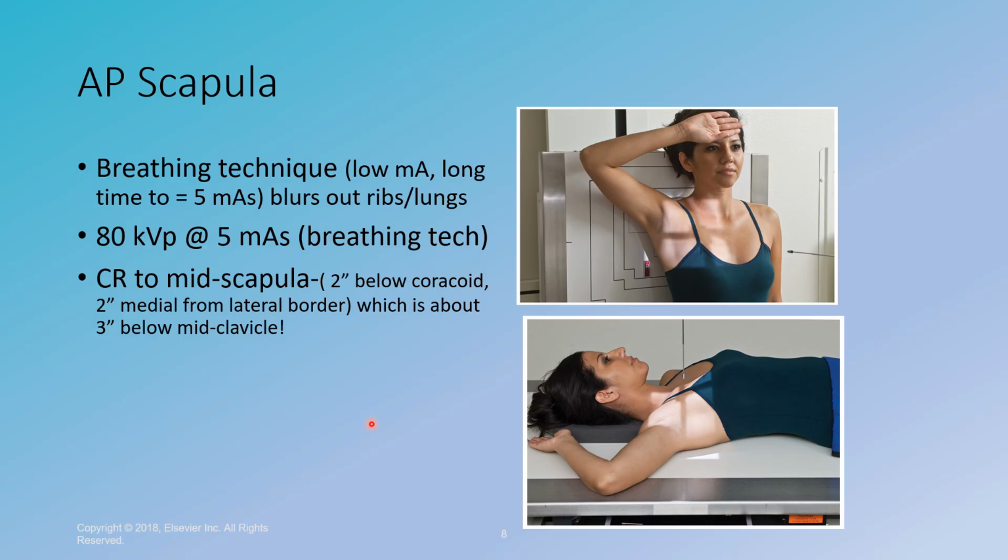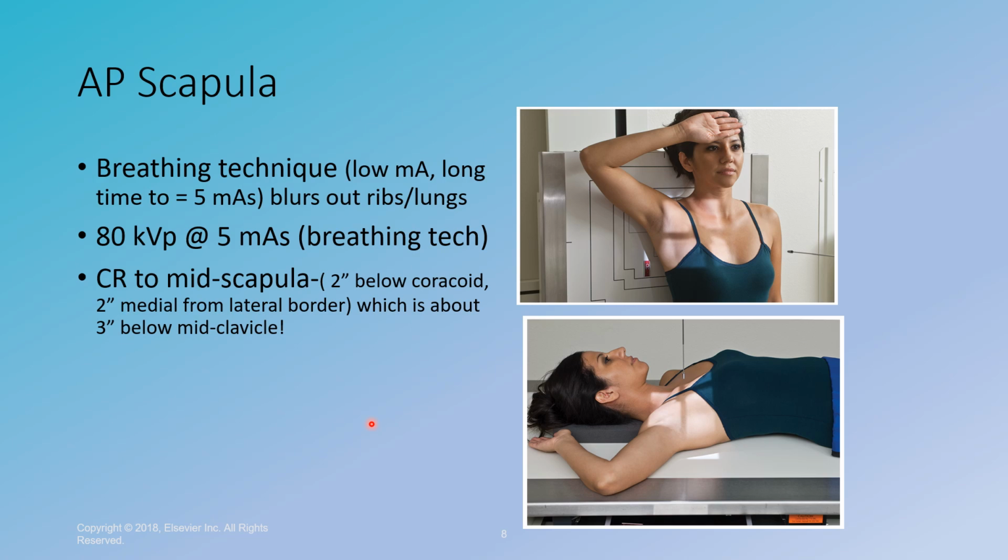The patient, ideally, if they stand, it's easier on you and probably more comfortable on them, because if you injured your scapula in the way it sits posterior, I would think lying supine on that would be extremely painful. Okay. The patient would stand in the erect position, ideally with their posterior surface in contact with the IR.